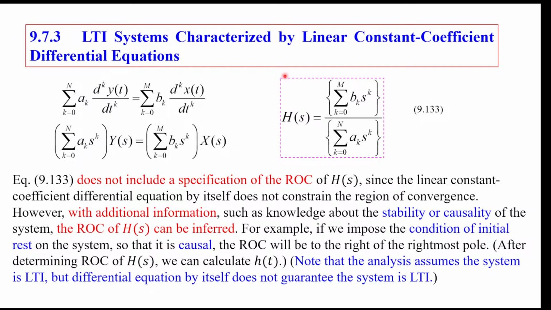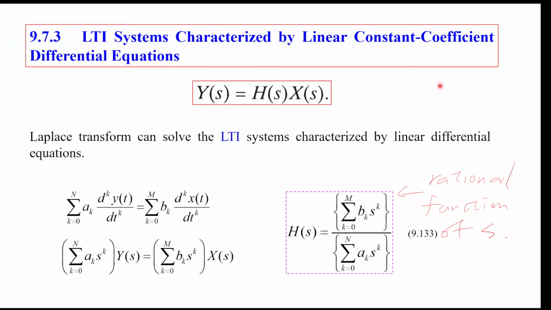Okay, and I guess here there is a slightly tricky part. That's not quite emphasized in the book, but I think it's nice to remember this. That is, all the analysis here, we assume the system is LTI. Actually starting here, we assume the system is LTI.